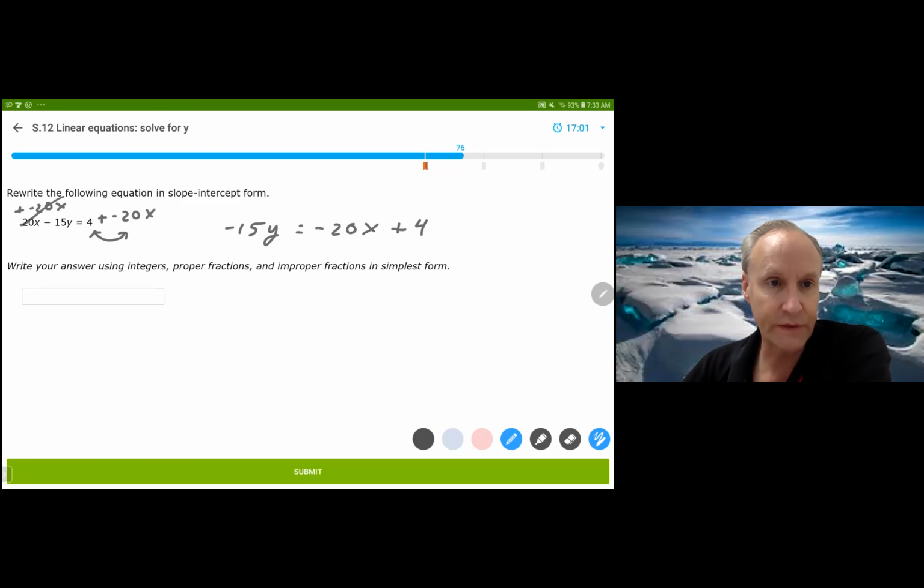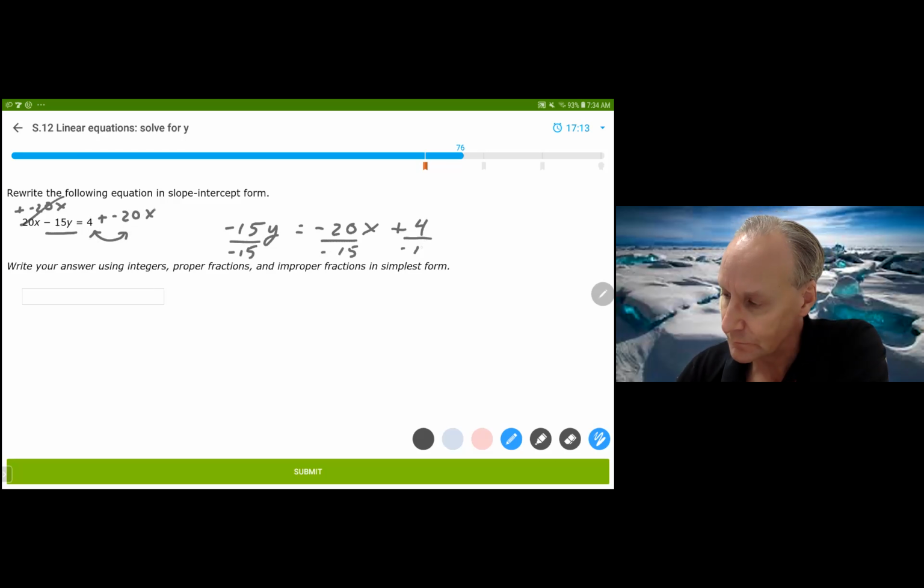Now I'm going to divide everything by negative 15. It is really easy to forget the negative right there. So I'm going to divide by negative 15, and I'm going to do it into all the terms. And this has to be reduced. So I have y is equal to 4 over 3 x. I'm dividing by negative 5 on the numerator and denominator.